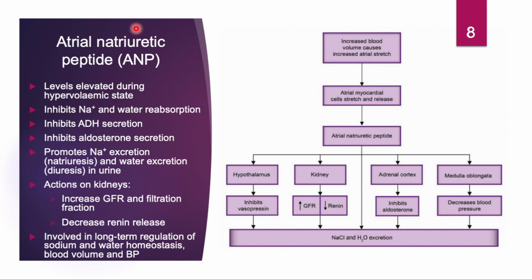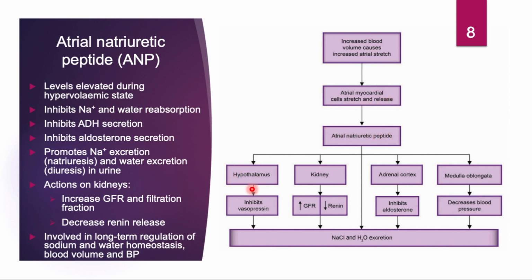One of these hormones is atrial natriuretic peptide or ANP. ANP is released by cardiac atrial muscle fibers. Elevated levels of ANP are found during hypervolemic state or increase in blood volume. Increase in blood volume will cause atrial myocardial cells to stretch, which will cause ANP to be released.